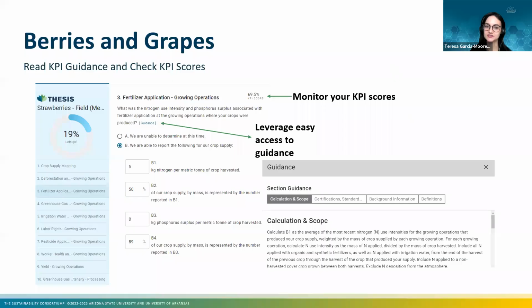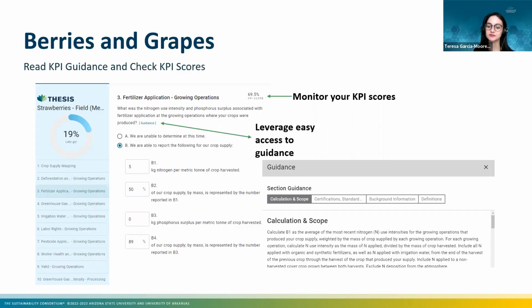It measures nitrogen and phosphorus use in terms of kilograms of nitrogen and kilograms of phosphorus surplus per metric ton of crop. And here you can see that when you're answering the KPI, you're able to monitor your score. Here on the top right, you can also access the guidance section that is really helpful to suppliers that have questions about how to calculate this KPI, what is in the scope of this KPI, and what certifications you can use to answer the question.